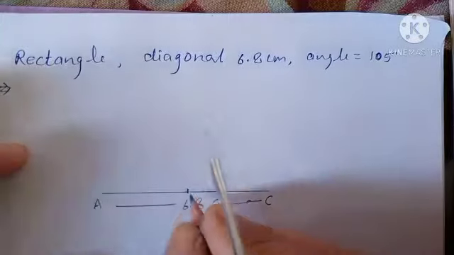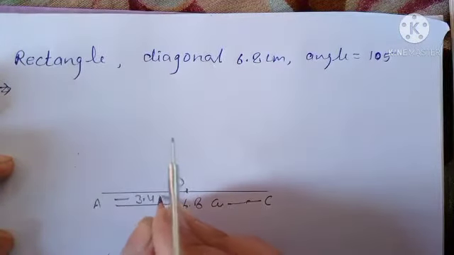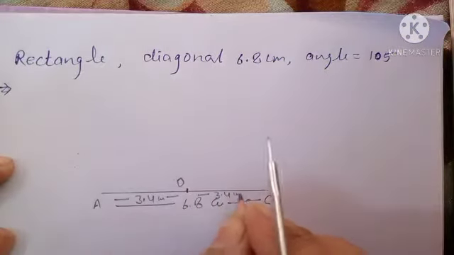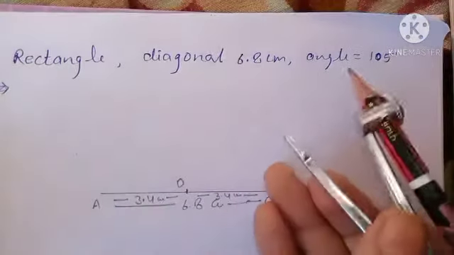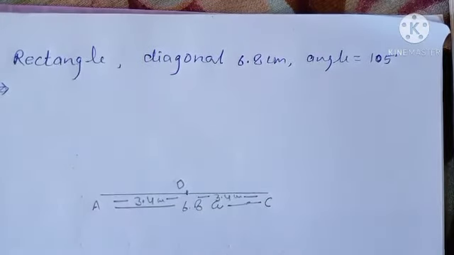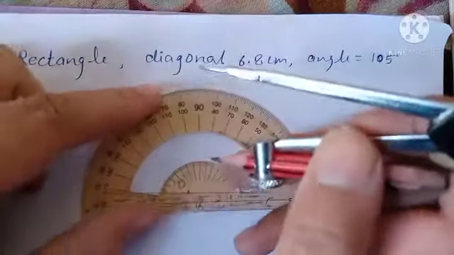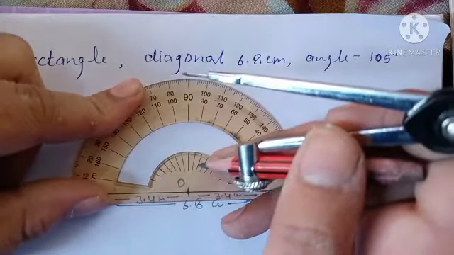Okay, this is the midpoint O. 3.4 centimeter from A and 3.4 centimeter from C. So here at O we have to make a 105 degree angle. So this time I will use D for making this angle. You know very well how we can draw a 105 degree angle. So this time I am using this D.